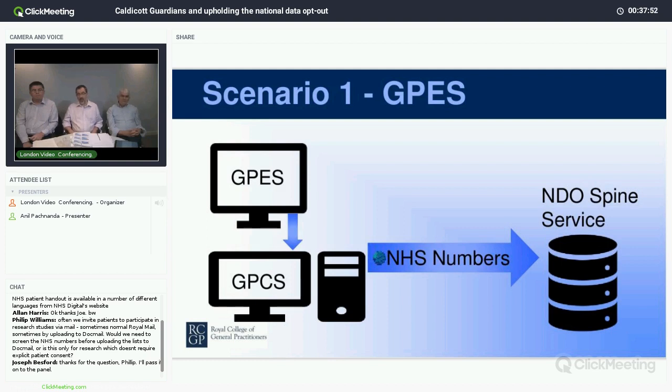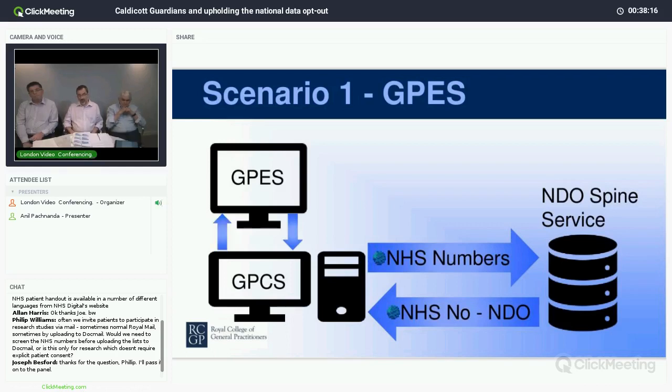The NHS numbers are sent off to the National Data Opt-out Spine Service, processed. The numbers which relate to patients with a National Data Opt-out in place are removed, and a list is sent back to the GP clinical system with NHS numbers with those who have a National Data Opt-out removed.